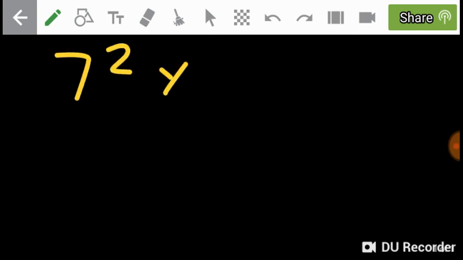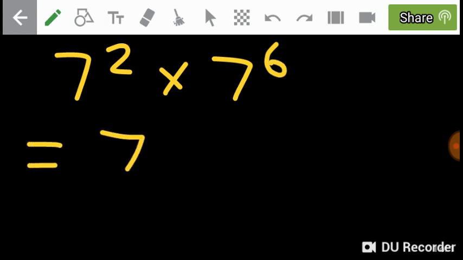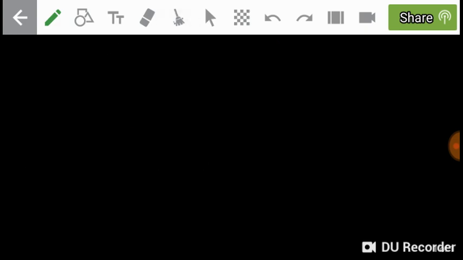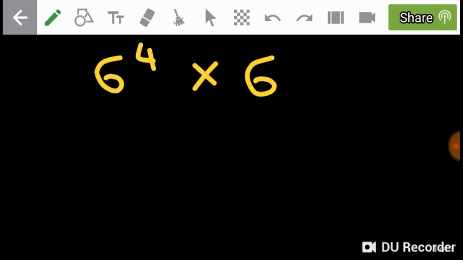7 square multiplied with 7 to the exponent 6. So if we have problems like this, since it is in the form of multiplication, we will add the exponent. As a result, the answer would be 7 to the exponent 8. Now let us see another example. 6 to the exponent 4 multiplied with 6 to the exponent 11.